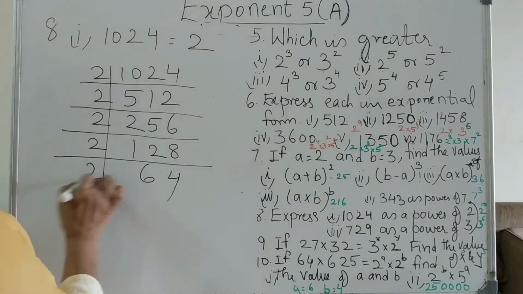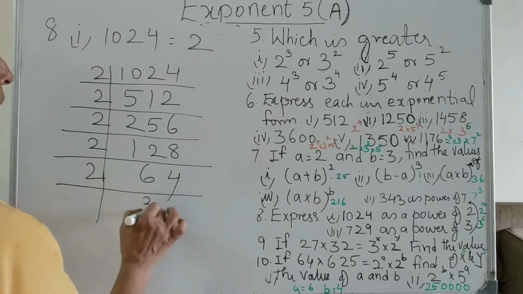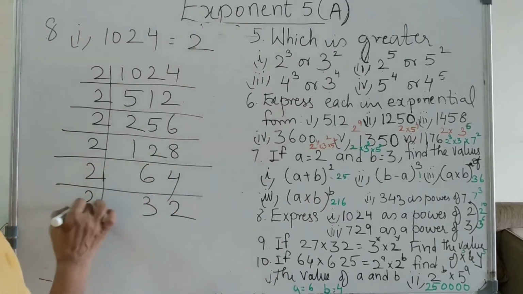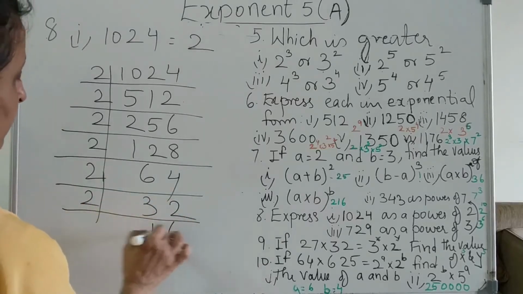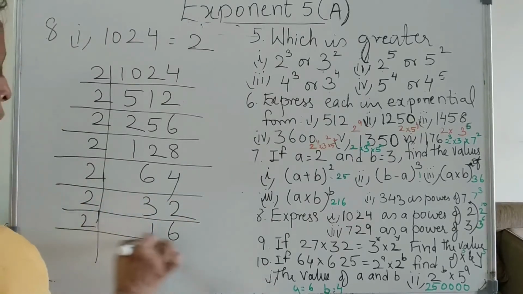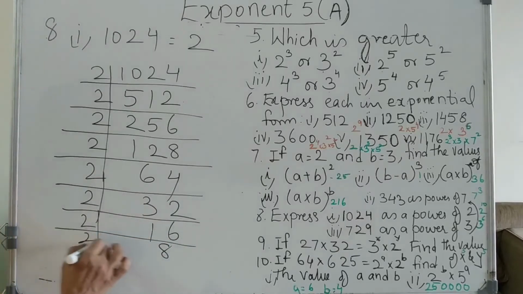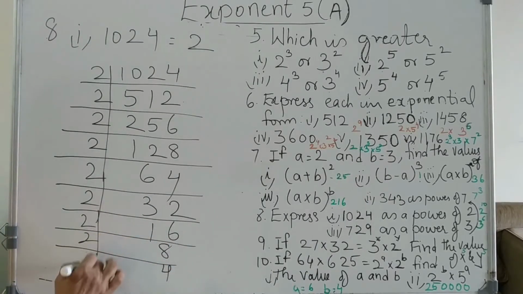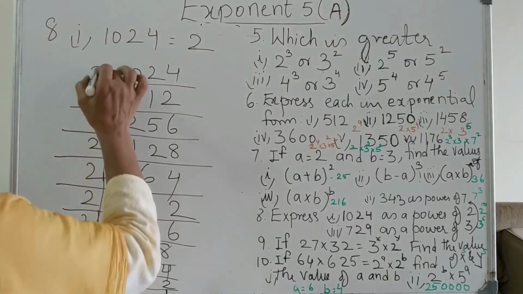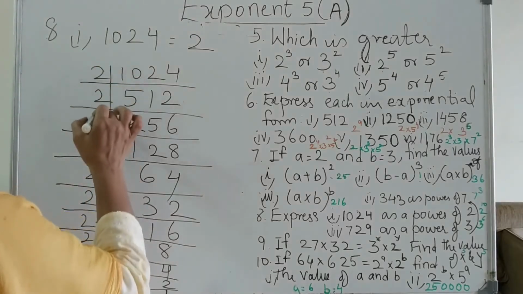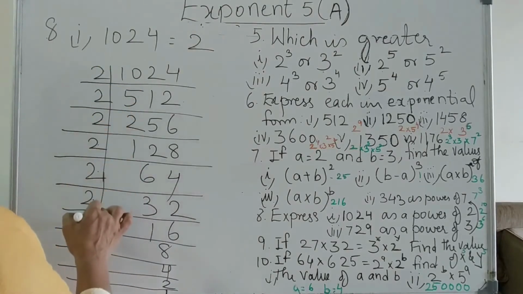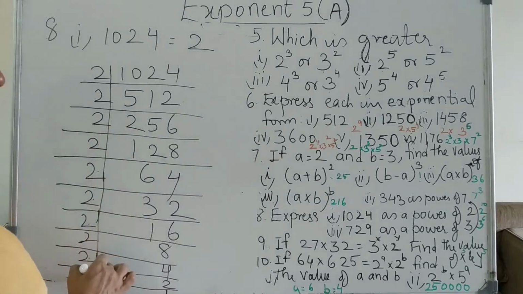Again you divide by 2, 32, 16, 8, 4, 2. And ultimately you get 1. So how many 2s? Let us count: 1, 2, 3, 4, 5, 6, 7, 8, 9, 10.